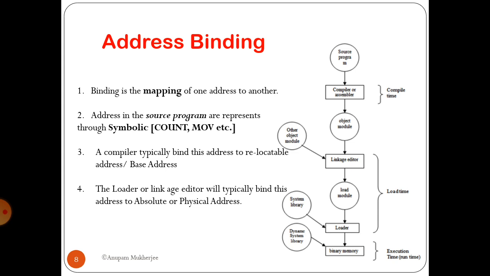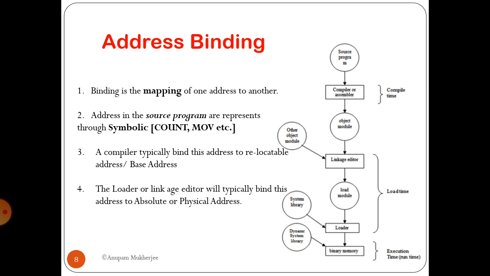In most cases, a user program will go through several steps. Addresses may be represented in many ways. Addresses in the source program are generally represented through symbolic addresses such as count or move.